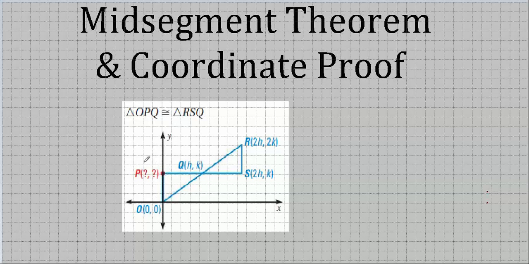So we can put a 0 in there. Well, here we have a horizontal line. The y coordinate is k for this point on this horizontal line. It's k for this point, so the y coordinate must be k. That's 0, k.